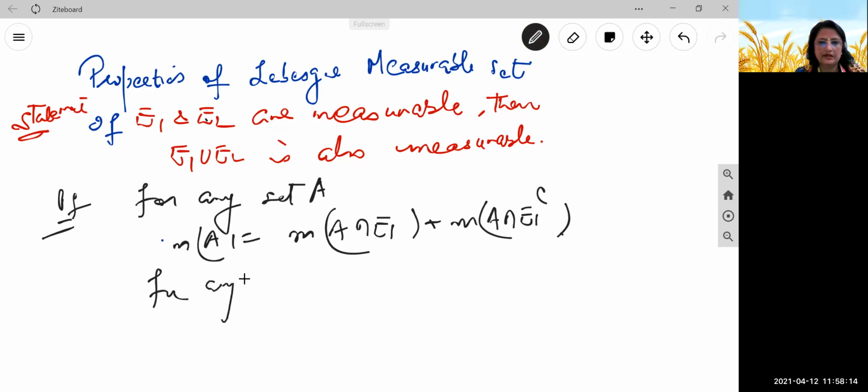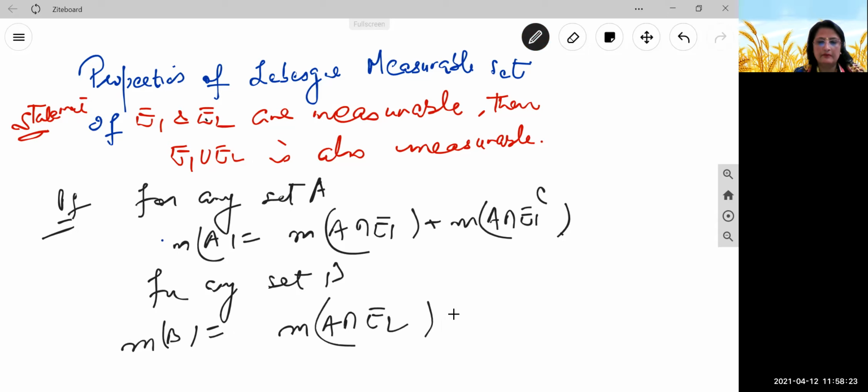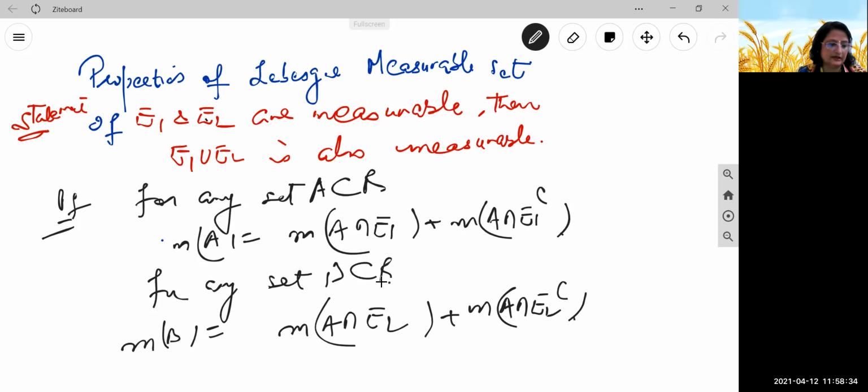Then for any set B, measure of B is equal to measure of B intersection E2 plus measure of B intersection E2 complement. Right? For any set A, A is contained in R. For any set B, B is contained in R.